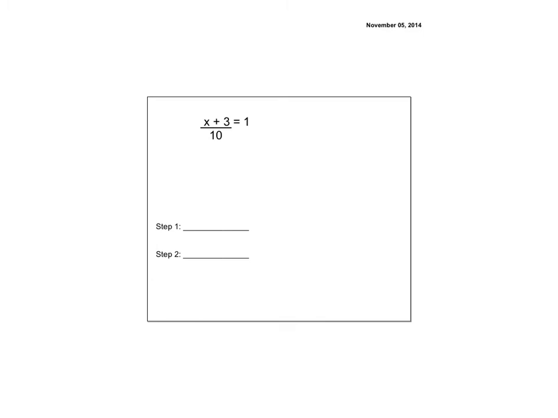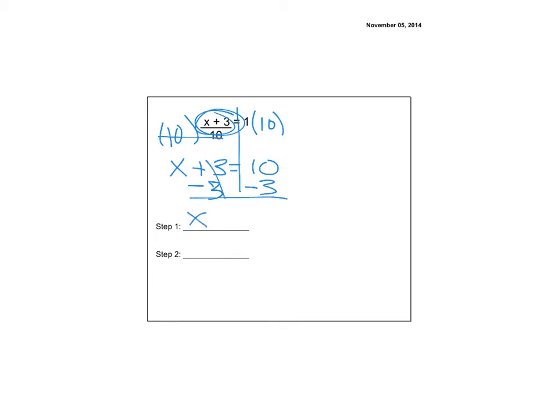So in this case, I'm going to multiply both sides by 10. Now when we do that, that just leaves us with the numerator. So we have x plus 3 equals 1 times 10 is 10. We're then going to subtract the 3 on both sides. We have x equals 10 minus 3 will give us 7. Now we know we're done each problem when we get that x all by itself.